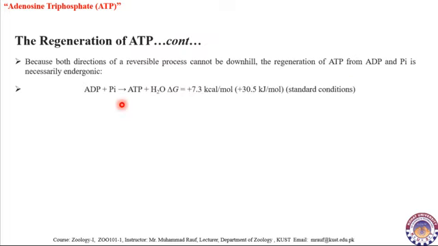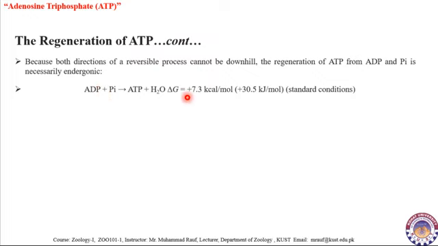Here is the overall reaction. ADP molecule combines with inorganic phosphate and forms ATP, and then this ATP molecule in the presence of water is hydrolyzed back and converted into this form.